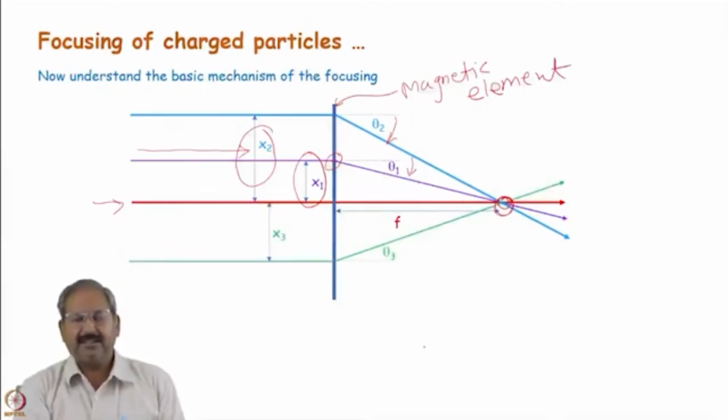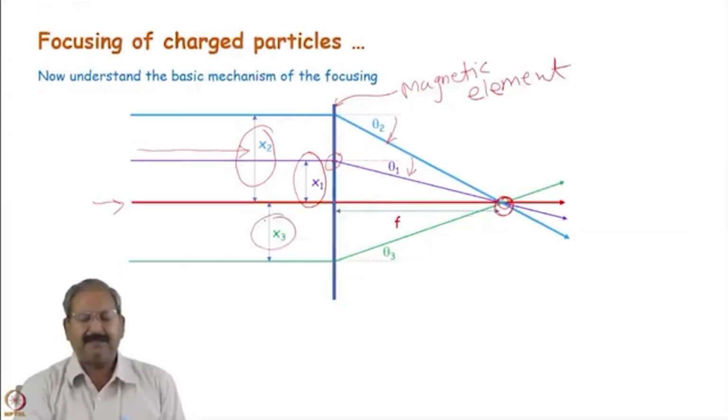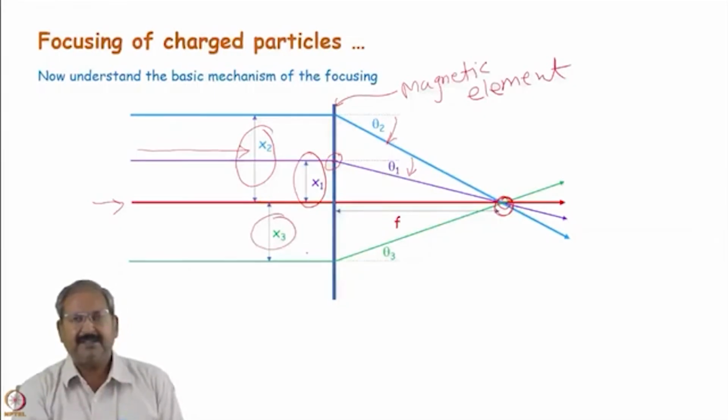If we draw another trajectory with displacement in the opposite direction to the design axis, then again it has the opposite angle, due to the sign. If these angles are minus, then this angle is plus.